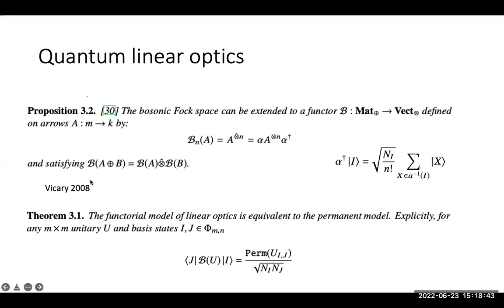So you can show also that this satisfies that the direct sum is sent to the tensor product. Here it's symmetrized, although it embeds in the tensor product. This was first shown by Jamie Vicary in 2008.